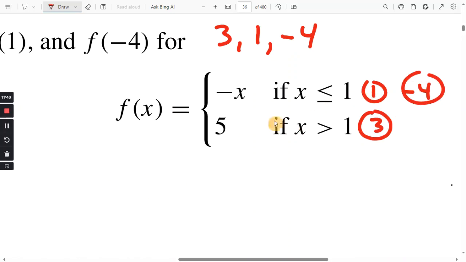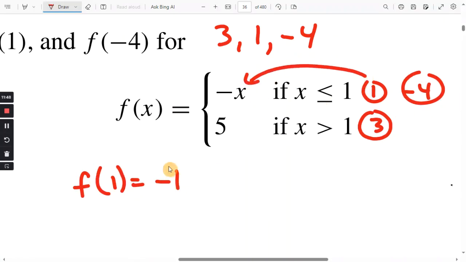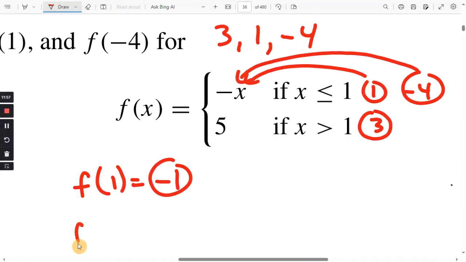If we do f of 1, the 1 gets plugged into negative x, so that's just negative 1. If we do negative 4, again, it gets plugged into negative x.